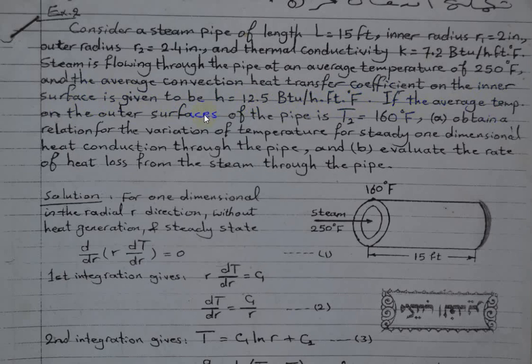If the average temperature at the outer surface of the pipe is T2 equals 160 degrees Fahrenheit.